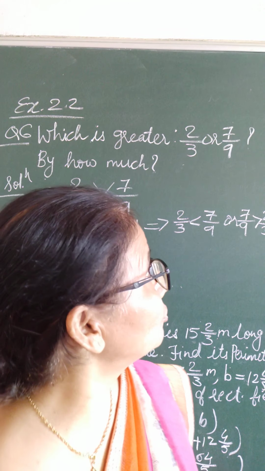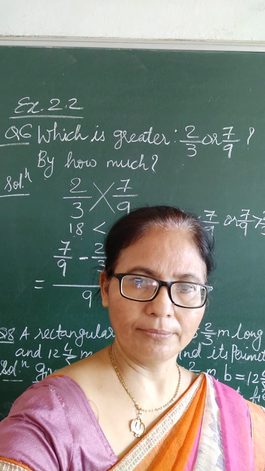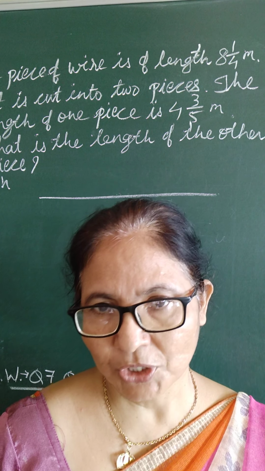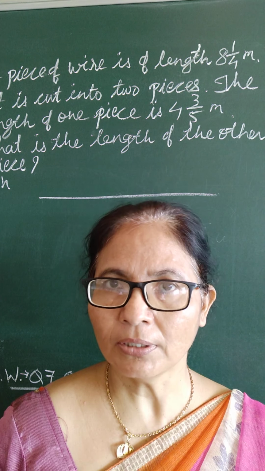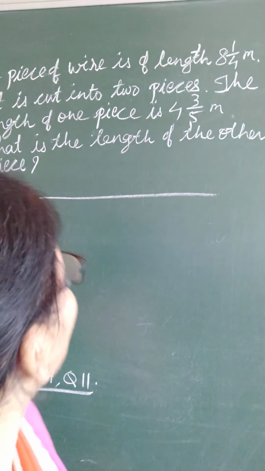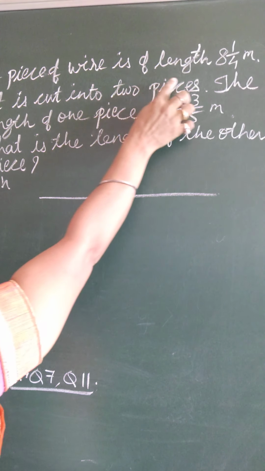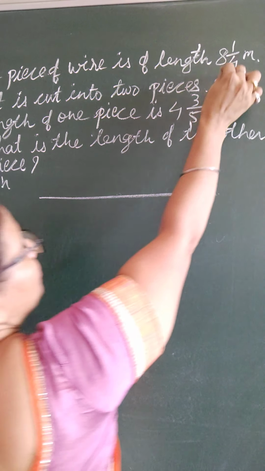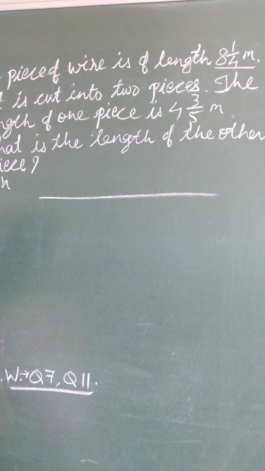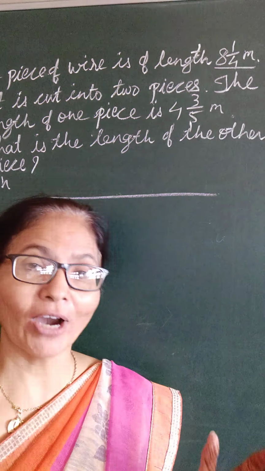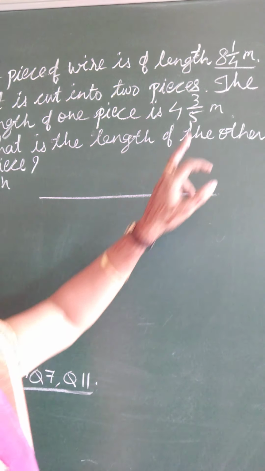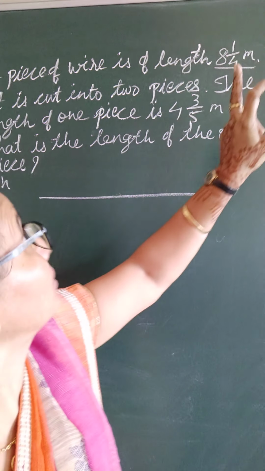Now let's move to question number 10. Now children, see question number 10. The question is very easy. A piece of wire is of length 8 1/4 meter. Means there is a piece of wire whose total length is 8 1/4 meter.